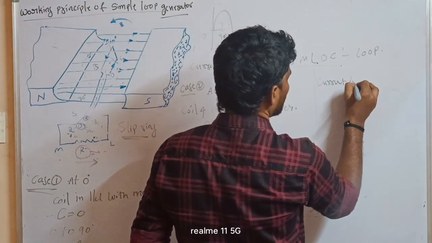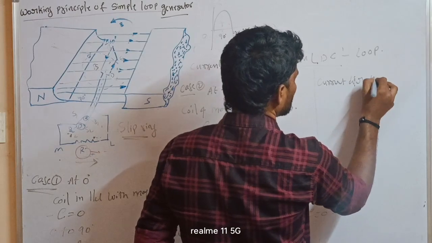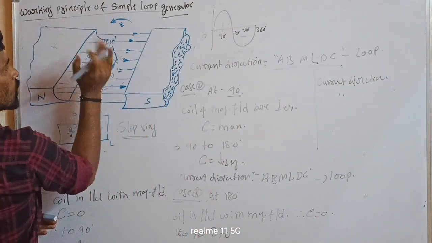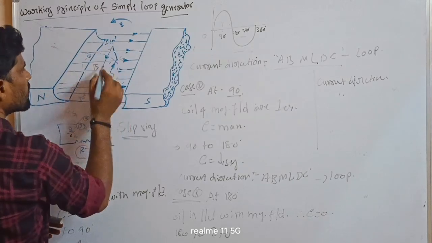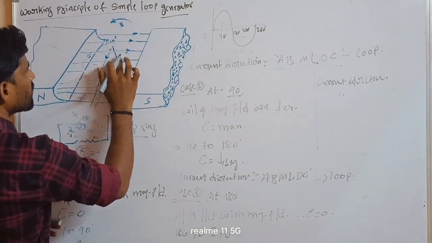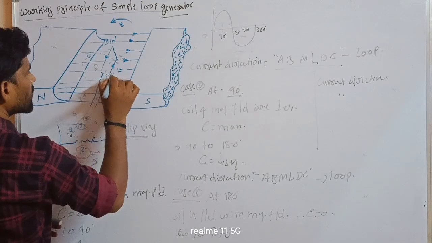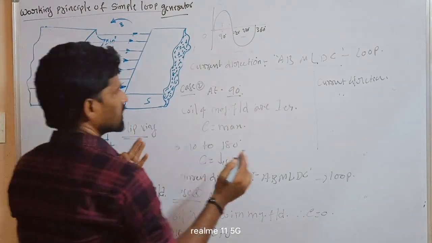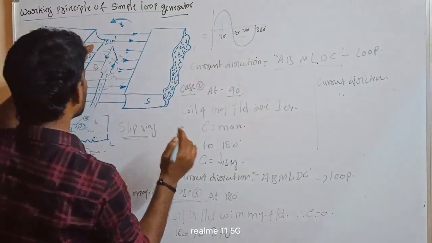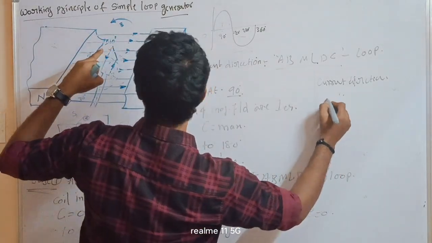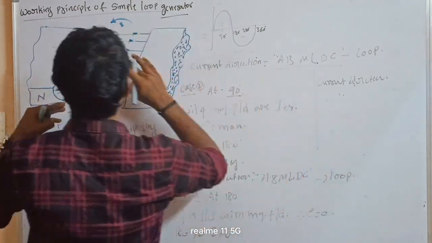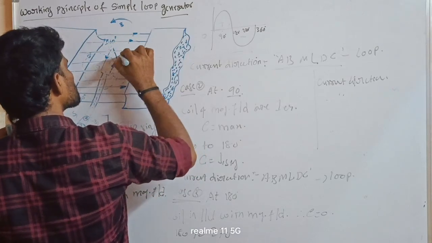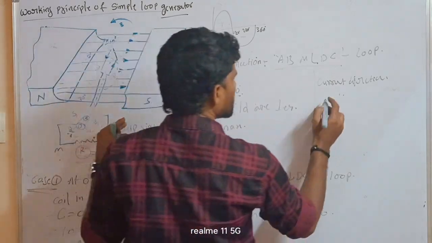The current direction will be changed as the coil rotates: C, D, A, B. Sorry, it will be reversed: A, B, C, D. So it is the reverse direction.